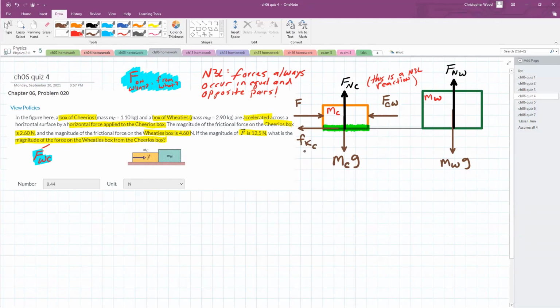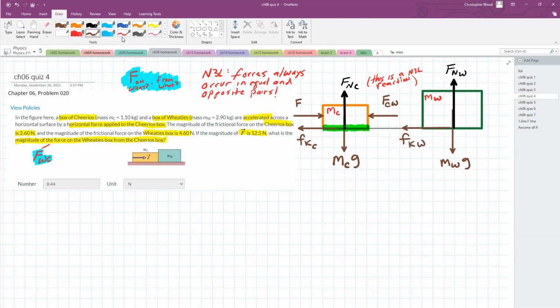How do I know they're moving? Because the problem says they are accelerated across the horizontal surface. So I know for a fact that the boxes are moving. If they are moving, there is for sure a kinetic friction force, because kinetic friction will always try to fight velocity. So this is FKW.